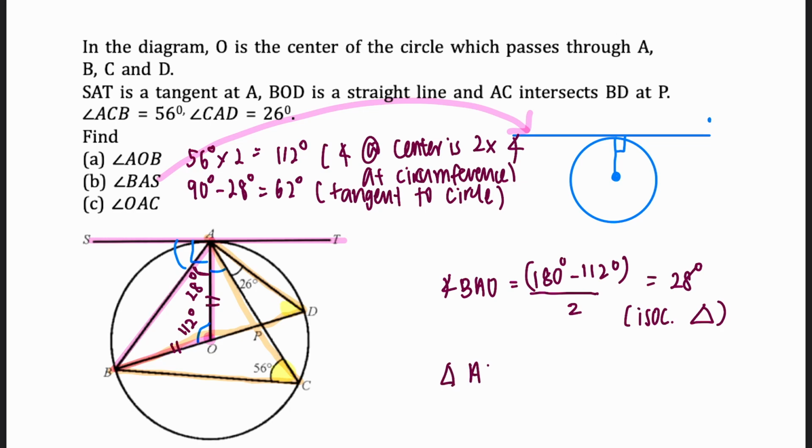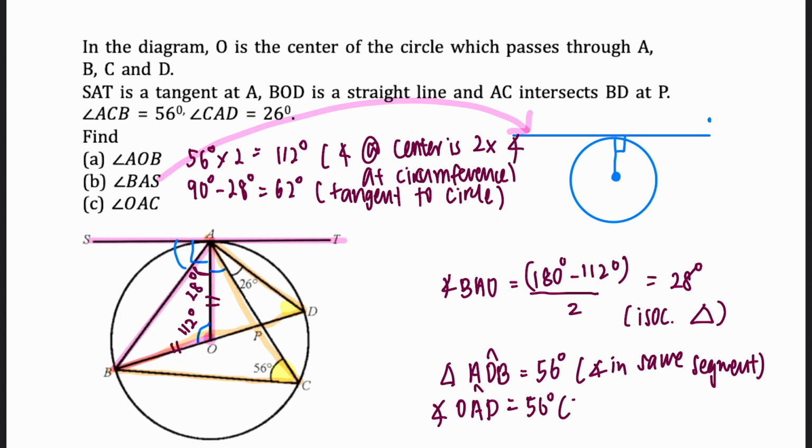So angle ADB is actually equal to 56 degrees, angle in same segment. With that, angle AOD is also equal to 56, isosceles triangle. And lastly, to find OAC, it is simply 56 degrees minus 26 degrees, which gives you 30 degrees.